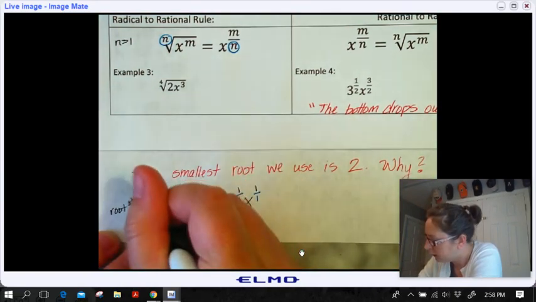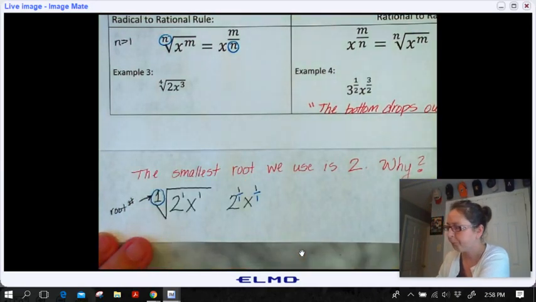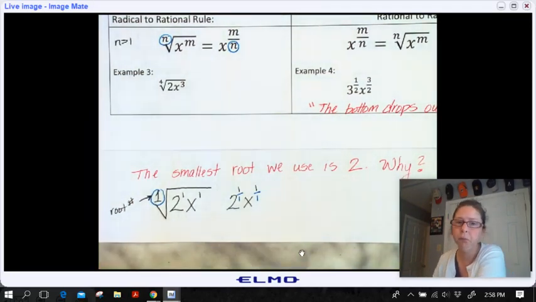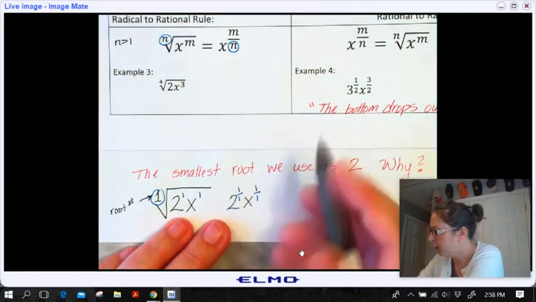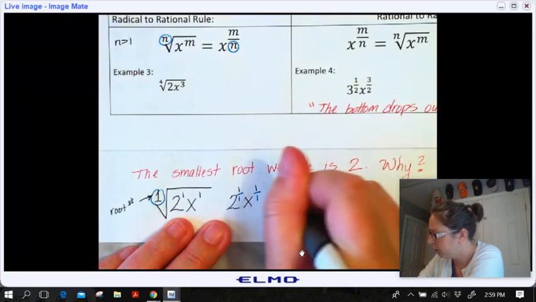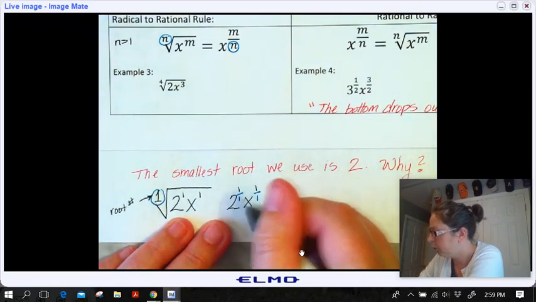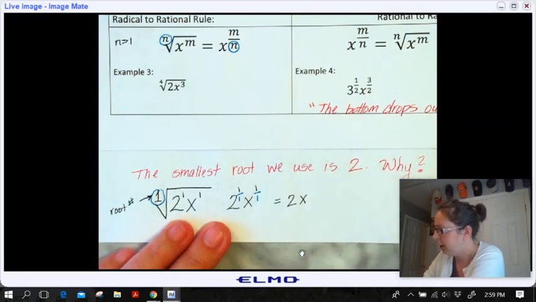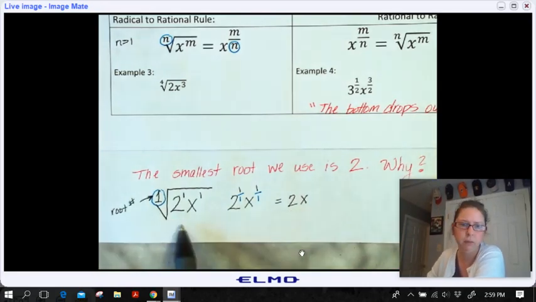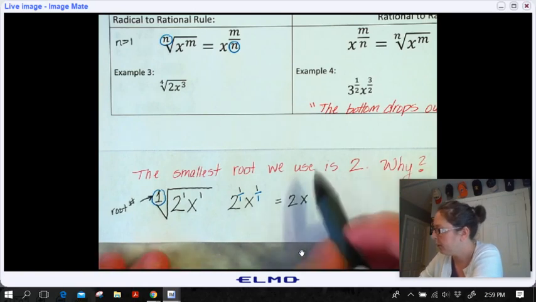That's where that 1 came from. Then you simplify these. 1 over 1 is just 2 to the first power. 1 over 1 is just x to the first power. So really it's the same answer if you just have the first root of something.